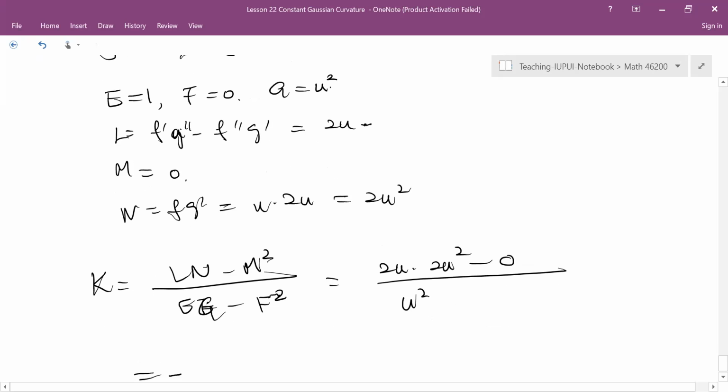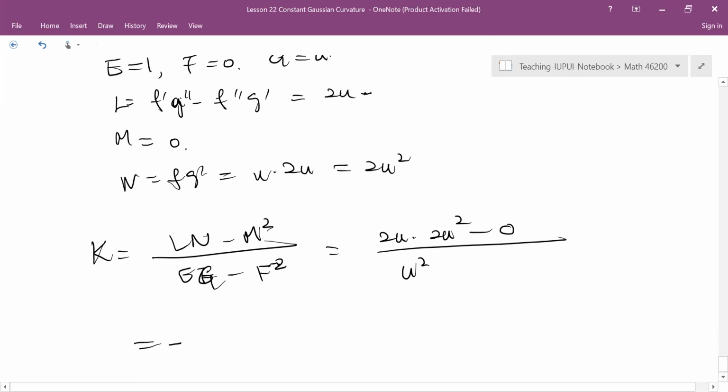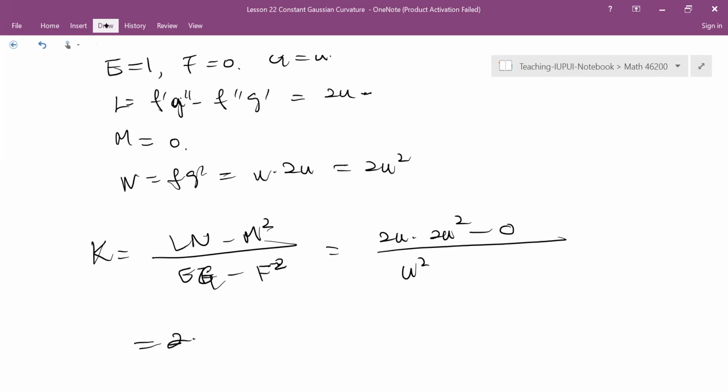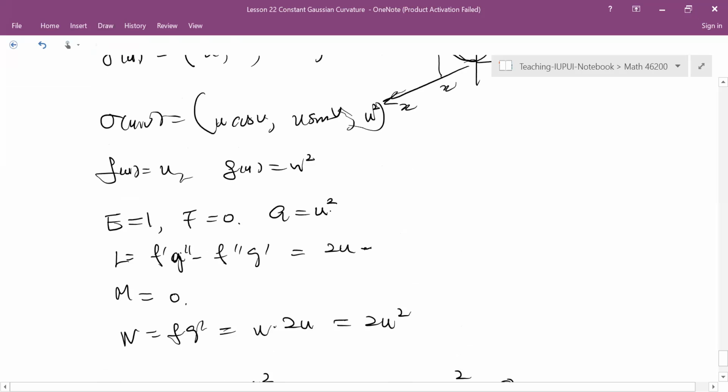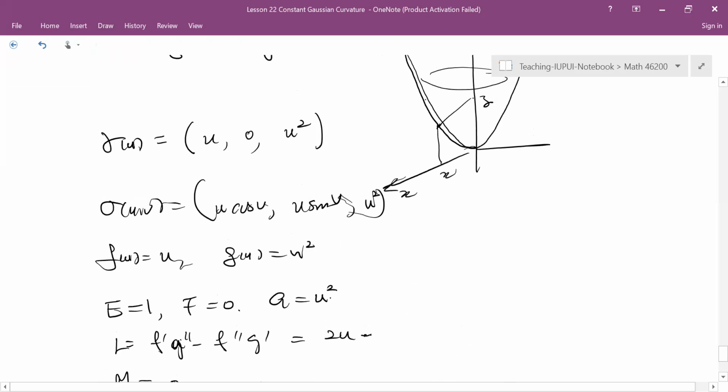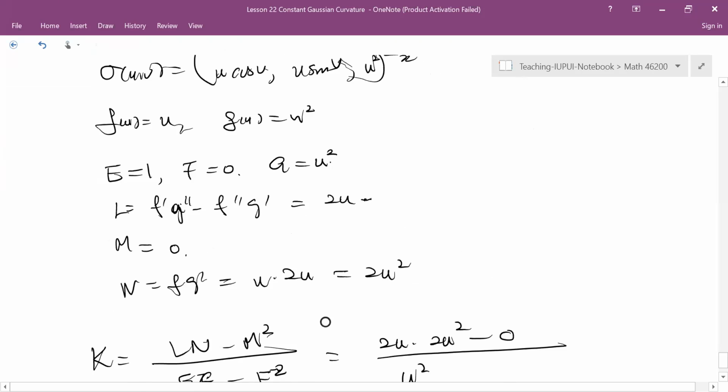If you use that formula without checking the condition, what you get here is going to be twice u.